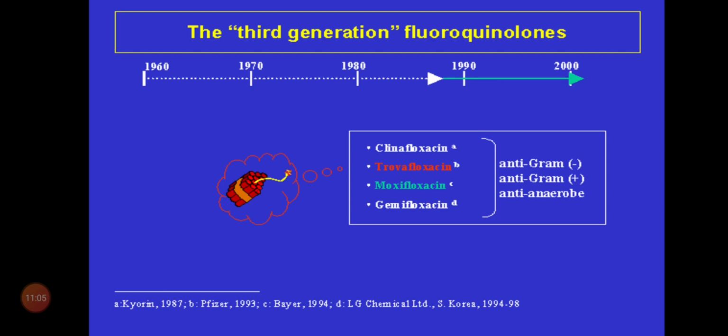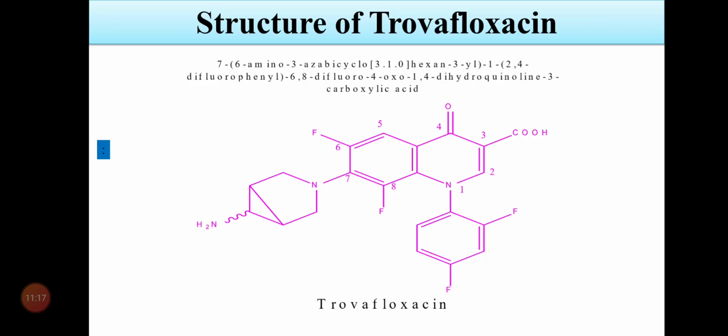Then the next drug, a third generation drug, is trovafloxacin. Trovafloxacin is active against gram negative and gram positive, and it has anti-anaerobic activity. Look at the structure of trovafloxacin.